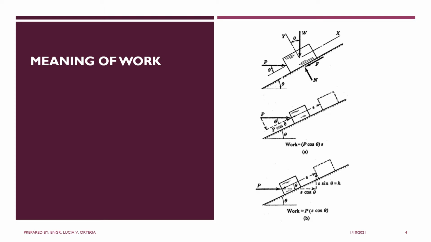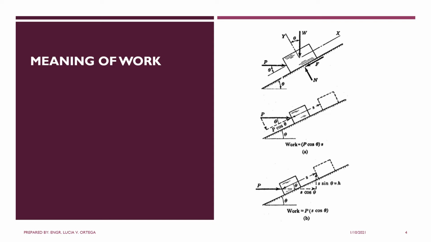We can determine the work in two ways. First, using the component of the force parallel to the inclined surface, multiplied by the distance along the inclined surface. So work is P cosine theta times s. If we use the horizontal force P, we need the horizontal distance, so that is P times the distance s cosine theta.